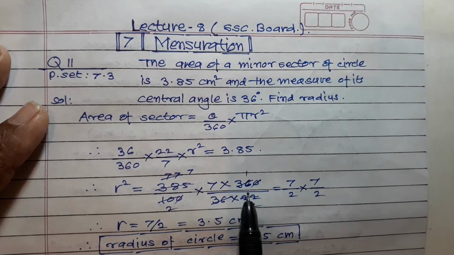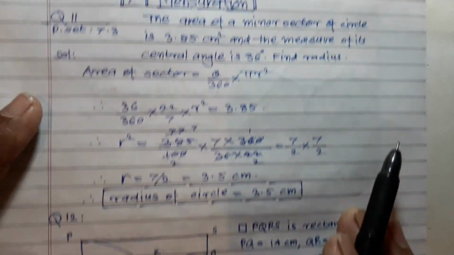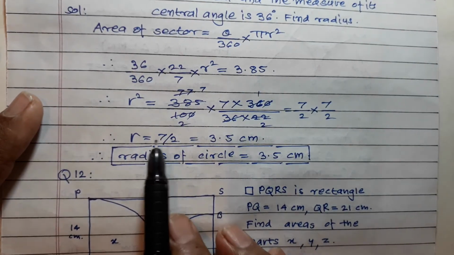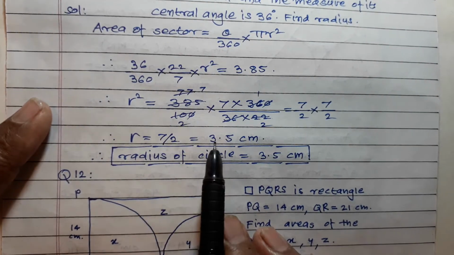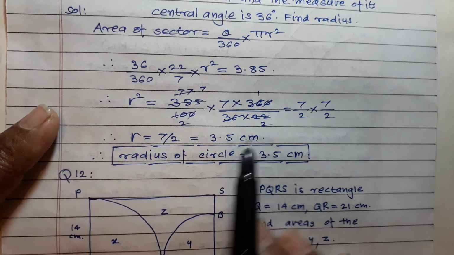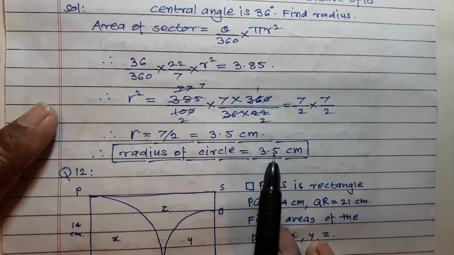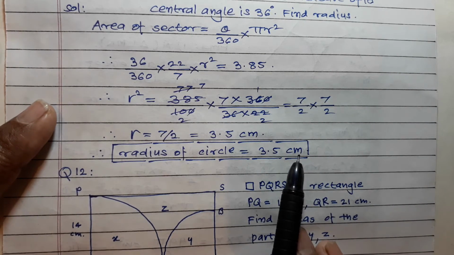If you simplify this, you will get 7 upon 2 into 7 upon 2, and therefore r is equal to 7 upon 2, which is 3.5 centimeter, and hence the radius of the circle is 3.5 cm.